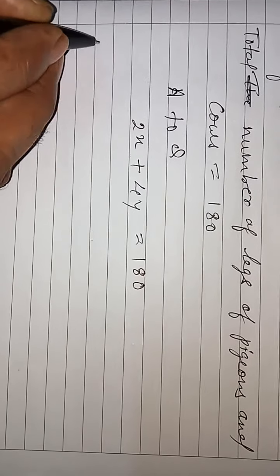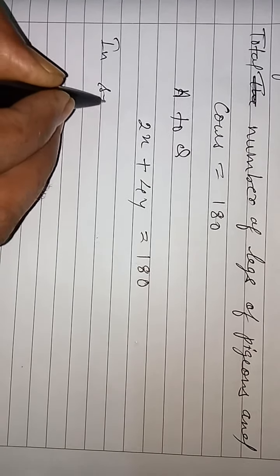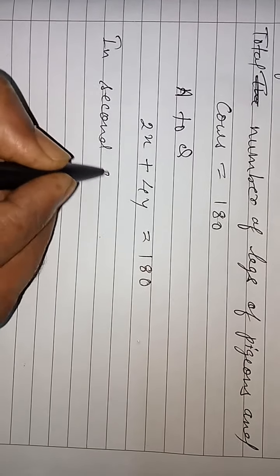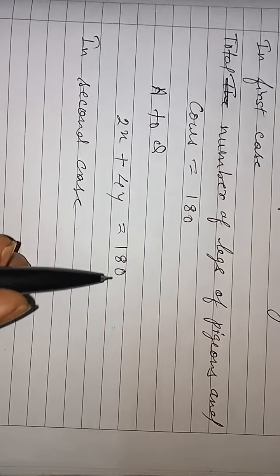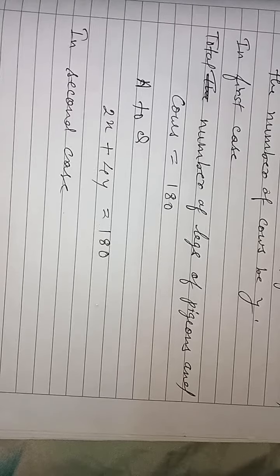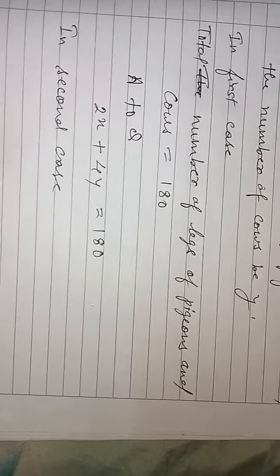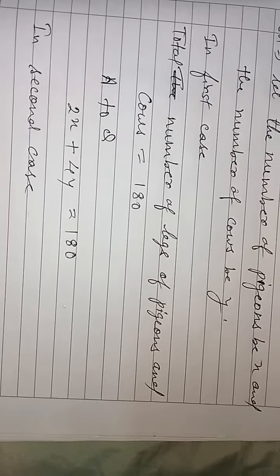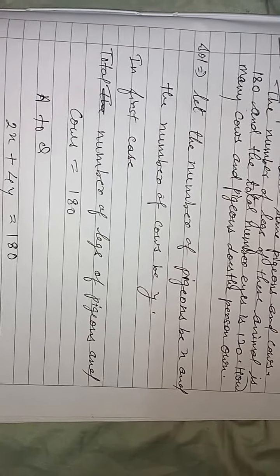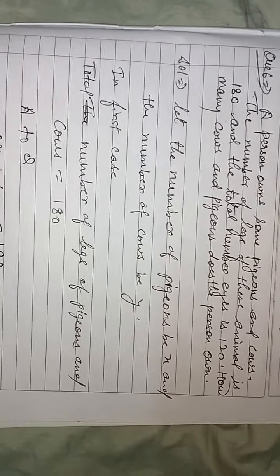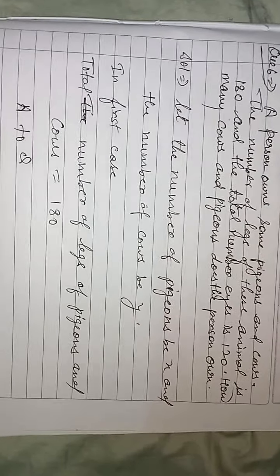Now in the second case, the total number of eyes is given as 120. You know that the number of eyes in each pigeon is 2 and the number of eyes in each cow is 2 also.